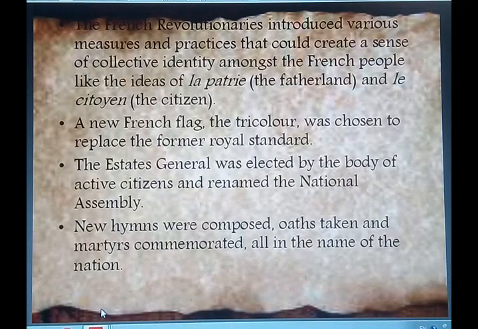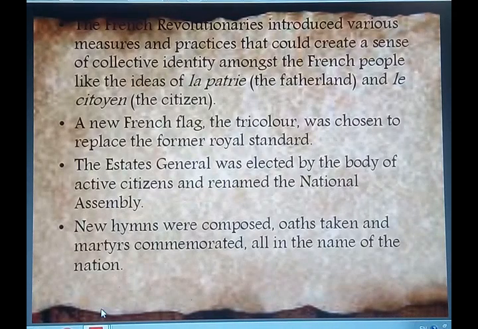The Estates General was elected by the body of active citizens and renamed the National Assembly. Remember, in class 9 you studied about the Estates General, where three categories, the church, the aristocrats, and the common people, the peasants, were there. So when the French Revolution came, this Estates General was renamed the National Assembly and the people were elected by active citizens.